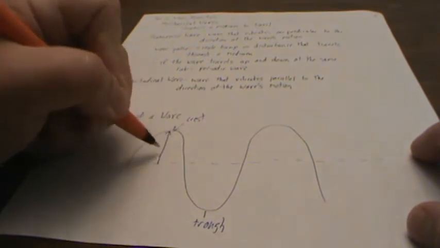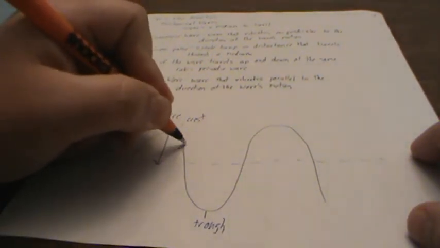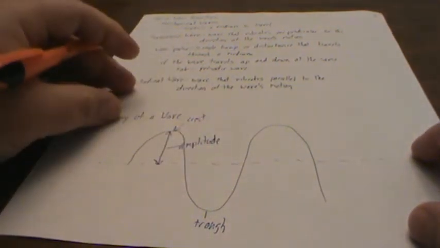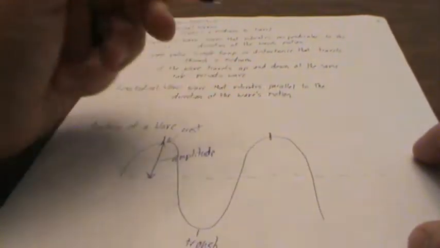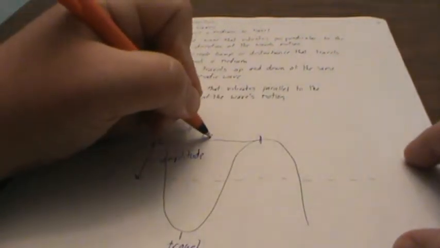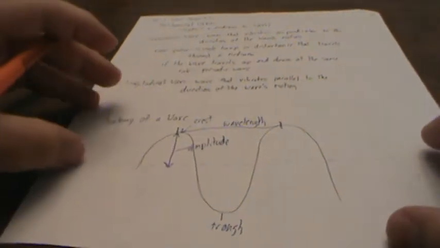The height of the wave, or how big it is, is called the amplitude. And the distance between either two crests or two troughs is called the wavelength.